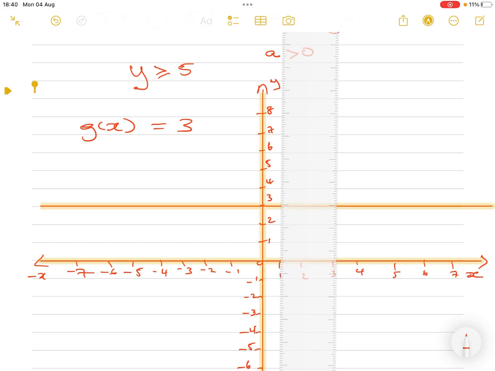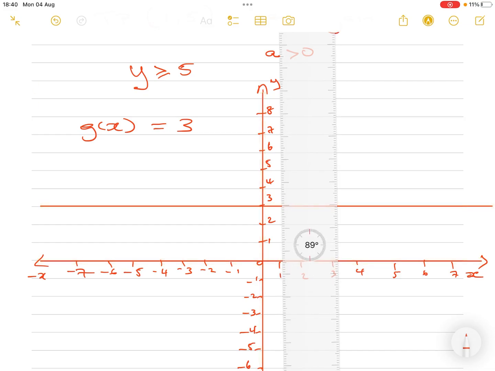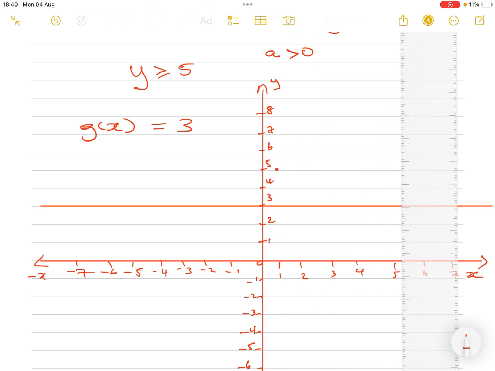Okay, so now here is the point. This is the point, which is the turning point, and the y-intercept will be what? Where x is equal to 0, so it will be 8. So this is my graph.